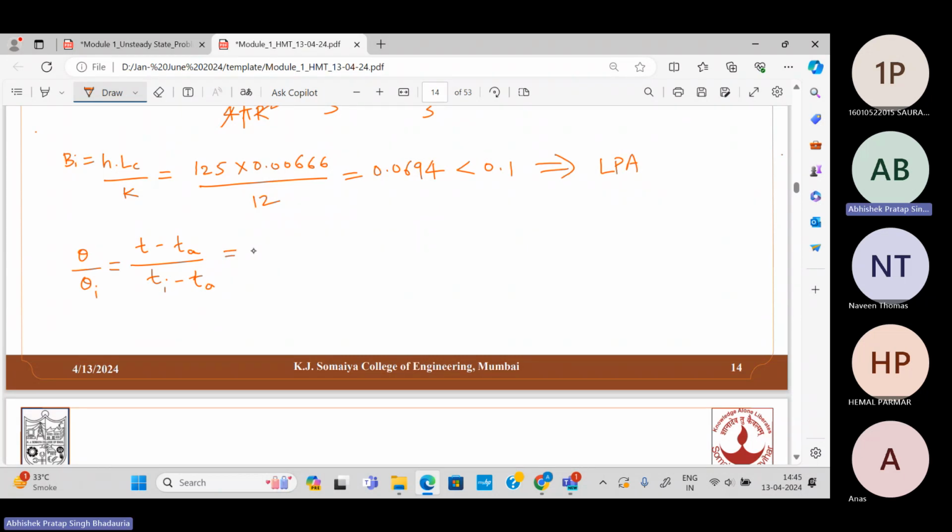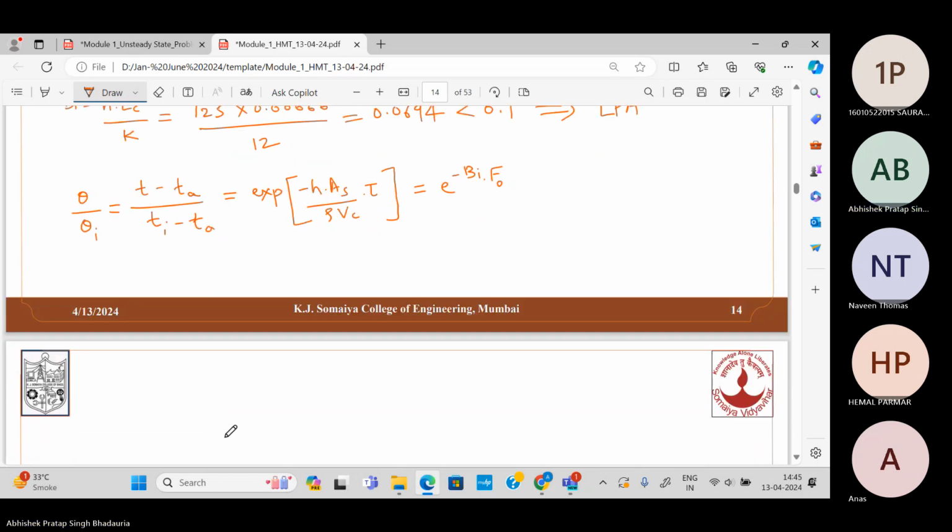It is equal to e to the power minus hAs divided by rho Vc multiplied by tau, which is equal to e to the power minus Biot number into Fourier number. Now let's apply this expression.